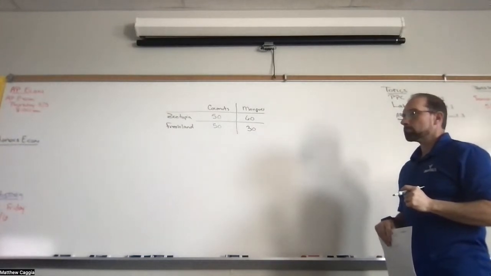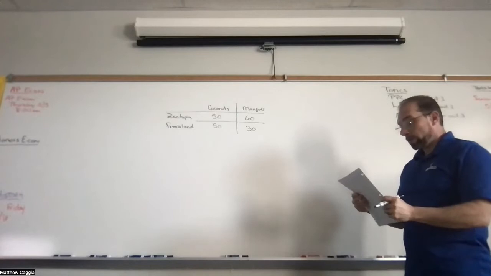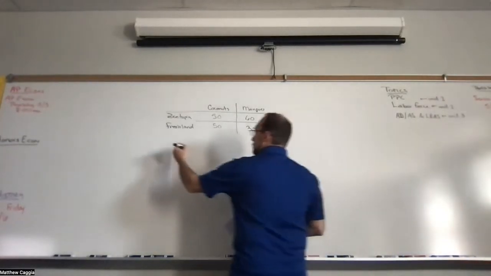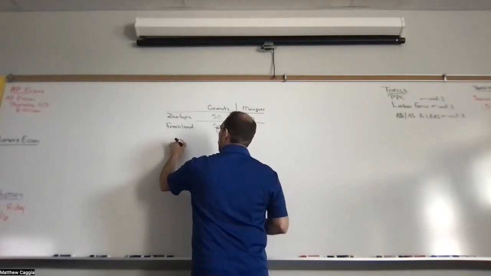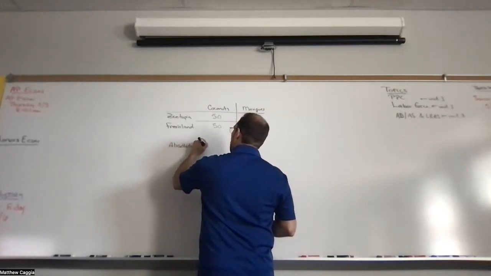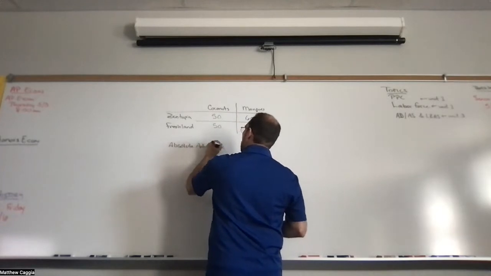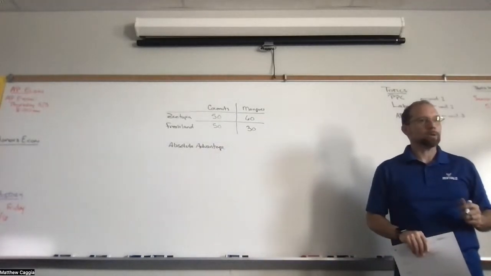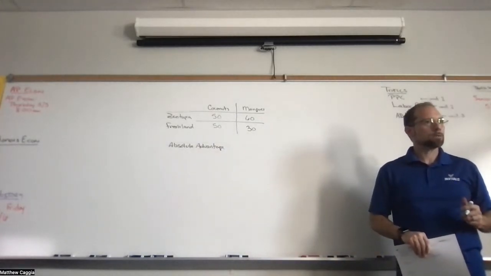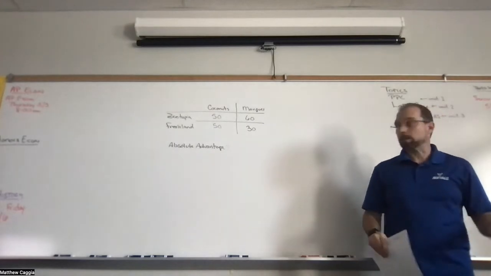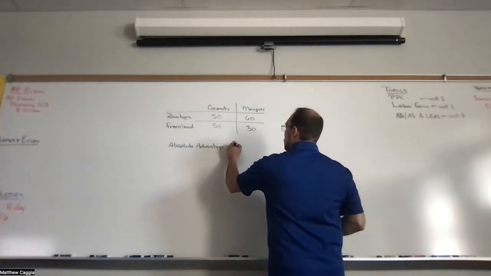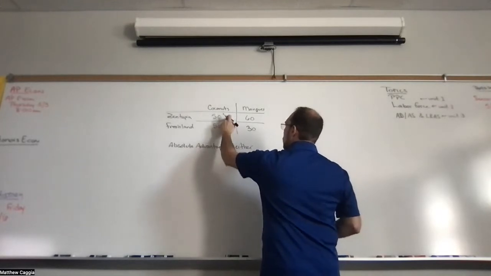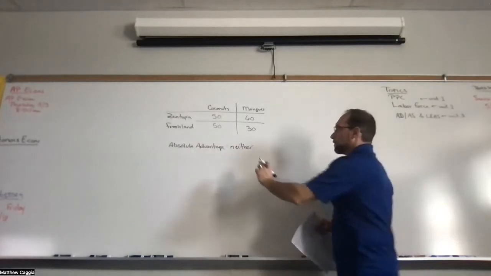So the first question, absolute advantage: who can just make more coconuts? Does anyone have an absolute advantage in coconuts? They both make the same amount, so no one has it.